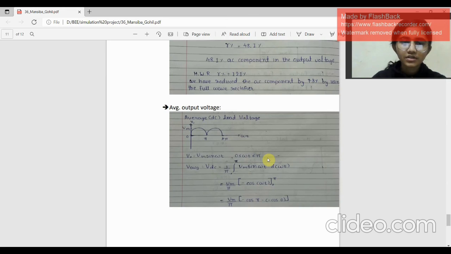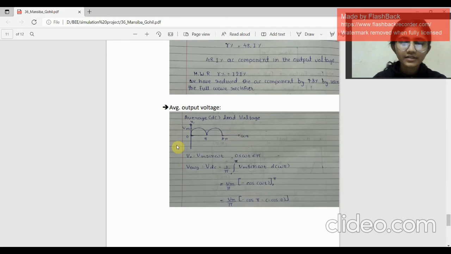Now coming to the average output of the full wave rectifier, as I had explained in the circuit, the output we receive is the positive half cycle, and we do not receive any negative or zero.